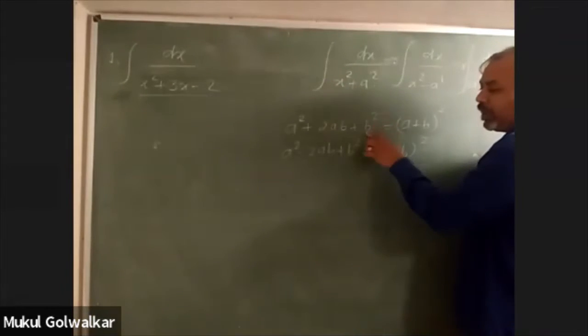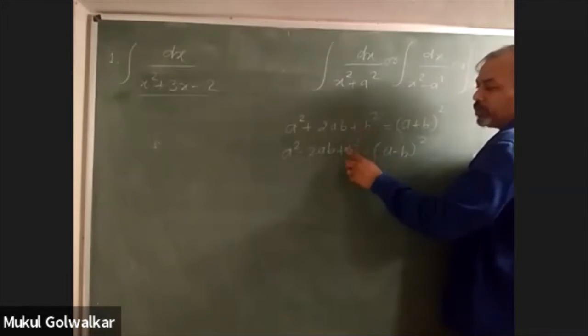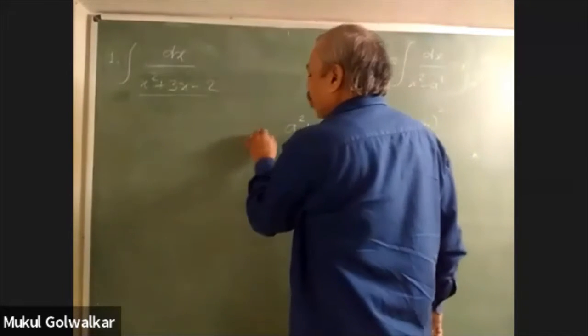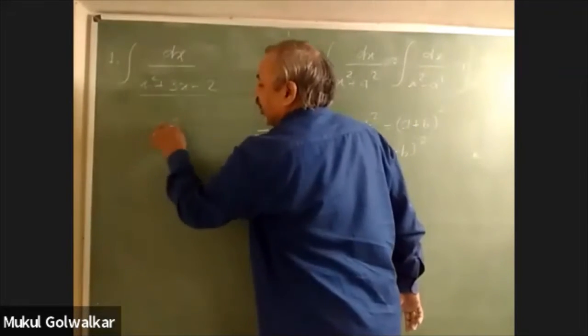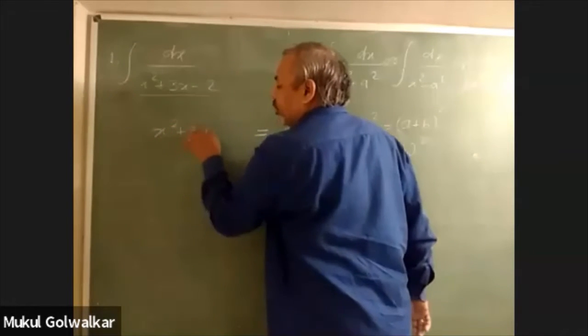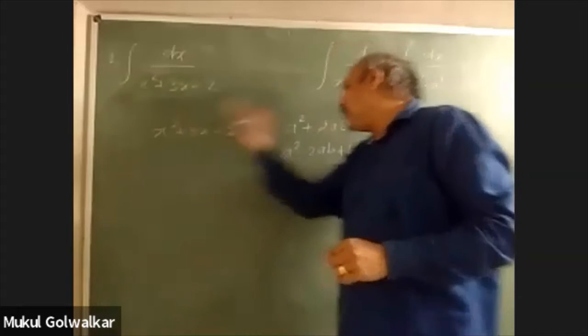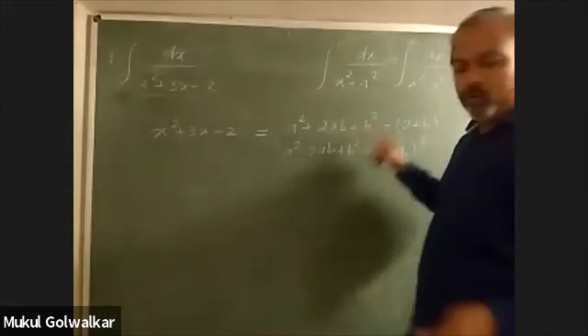You can observe one thing: this is the square of b, here also the square of b, and that is with a positive sign. So here we compare this quadratic x square plus 3x minus 2 with the given quadratic over here.